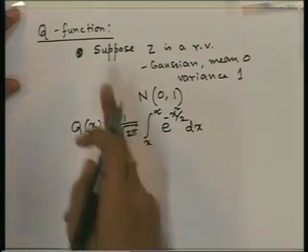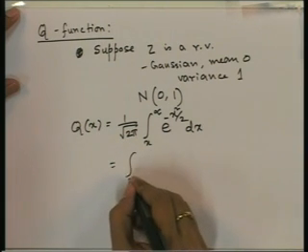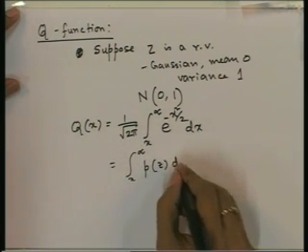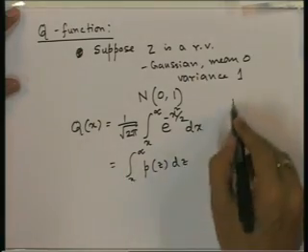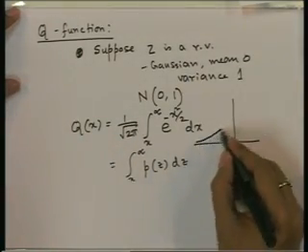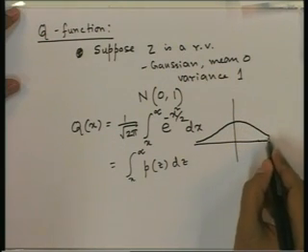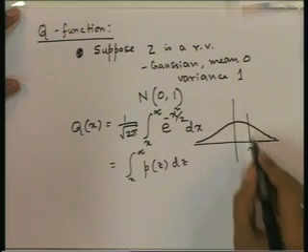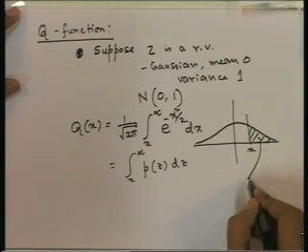Basically, the integration from x to infinity of p of z dz. So, if you plot the probability density function of z, Gaussian 0 mean, variance 1, take x anywhere, this area is called the Q.